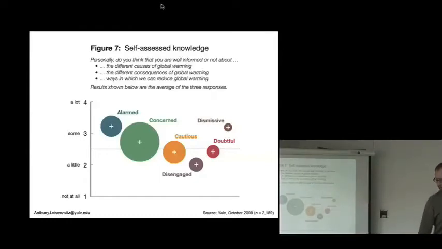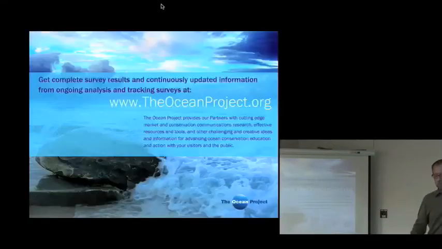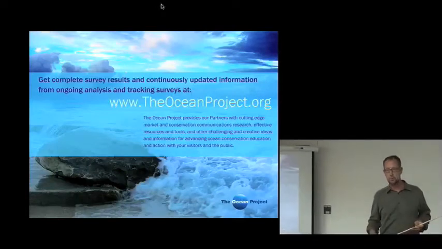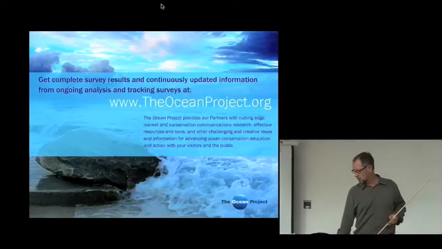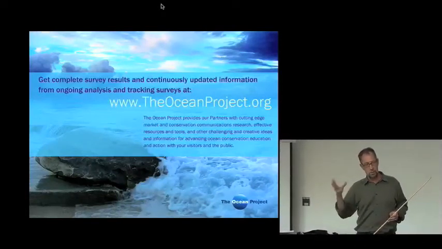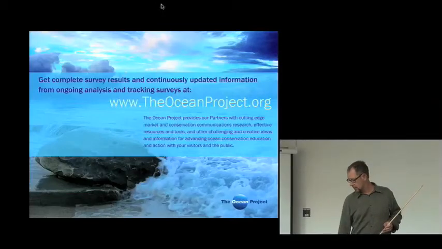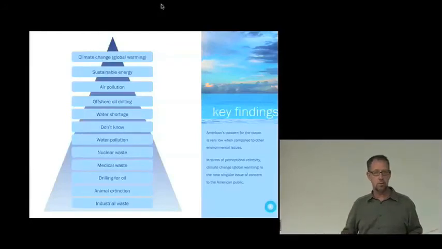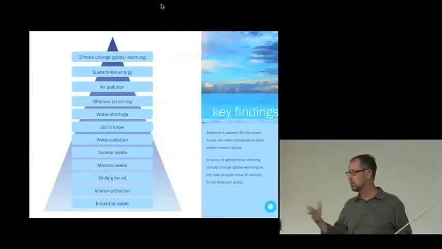Another survey done by the Ocean Project, they were focusing particularly on people's attitudes and beliefs around the ocean, and there's obviously a strong connection between the ocean and climate. They were interested in finding out people's concerns about pollution in the ocean and so forth.